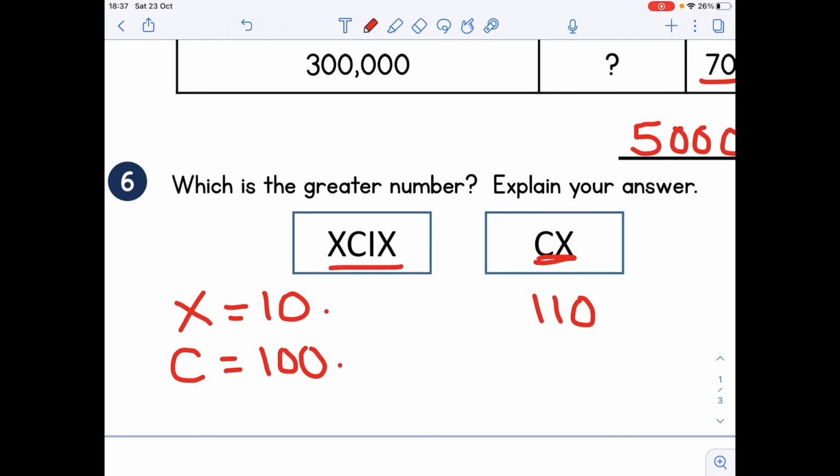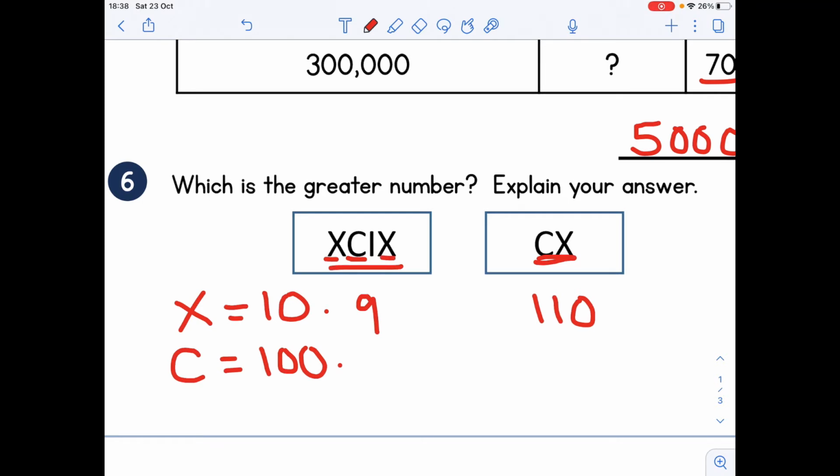This one's a little bit trickier. We've got letters before each of the C and the X. So if we look at the C here, before it is an X, and so that means we subtract. So 100 take away 10 gives us 90.